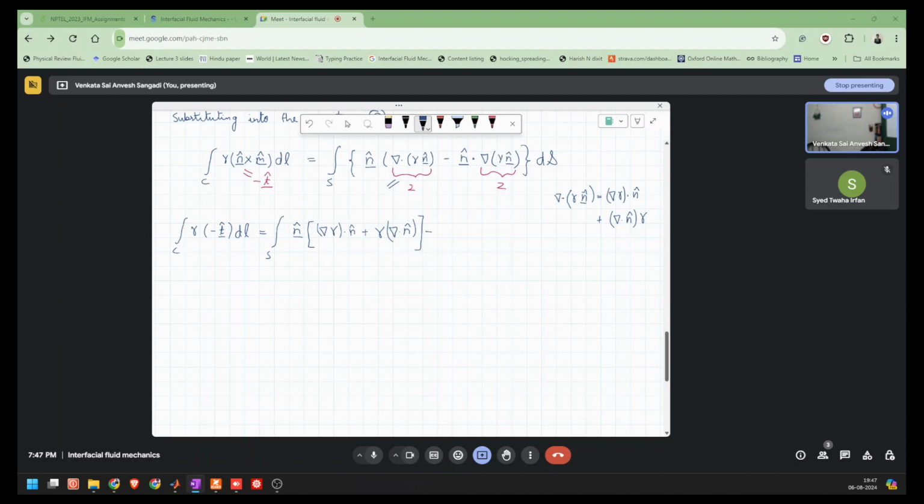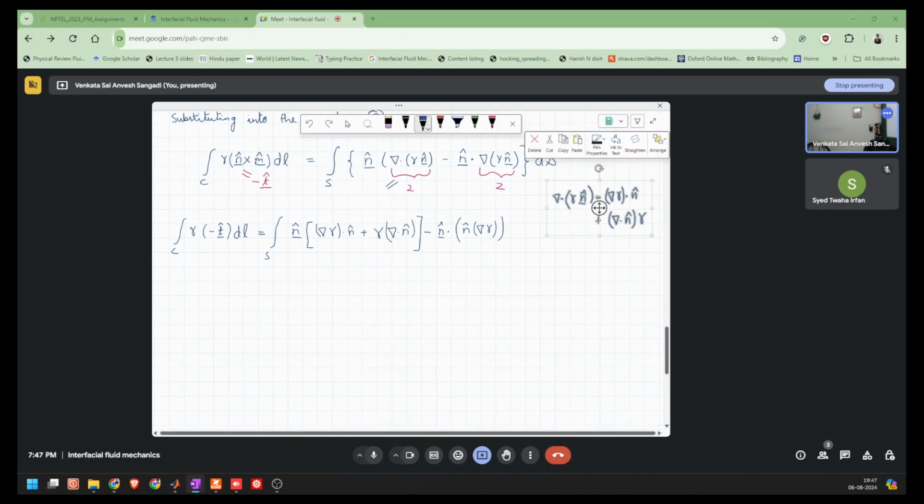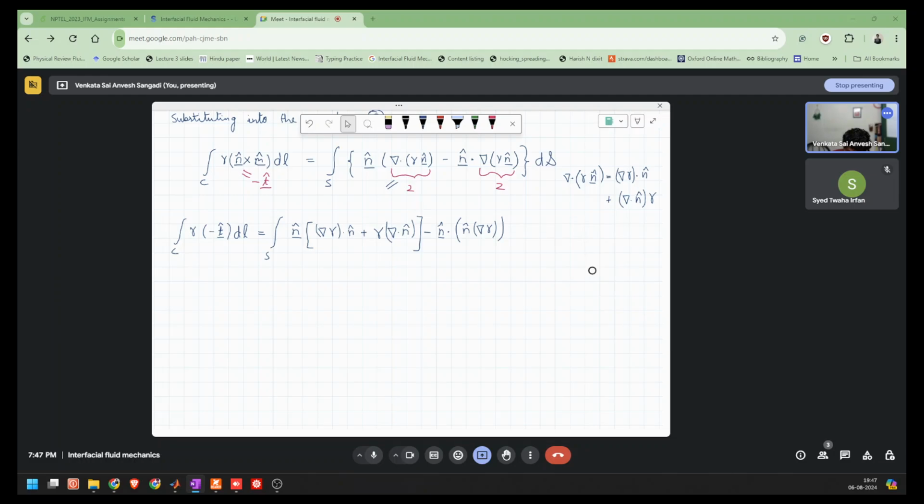Then we have the terms minus n cap dot del gamma n cap, minus n dot n, and then negative n dot.